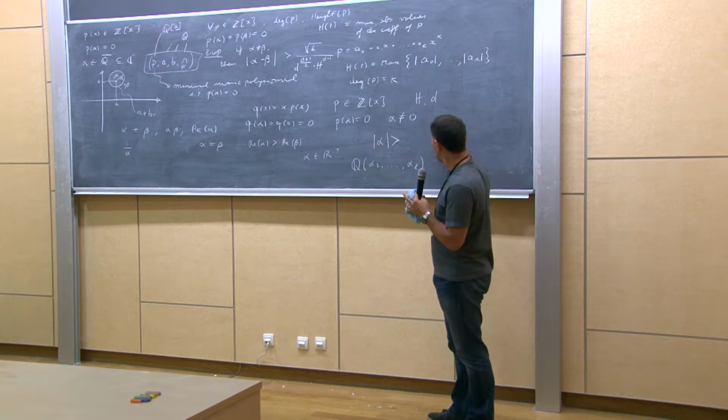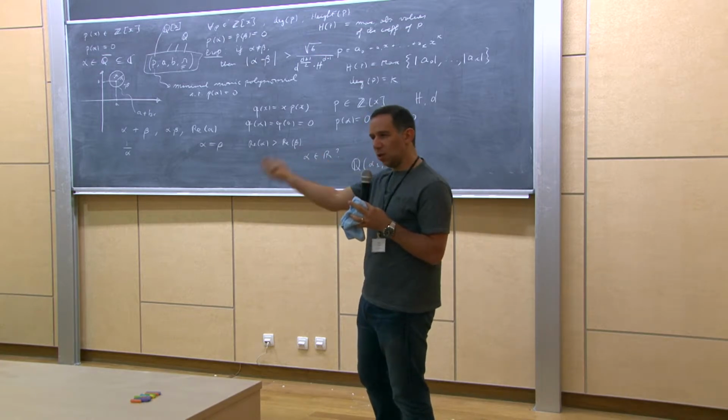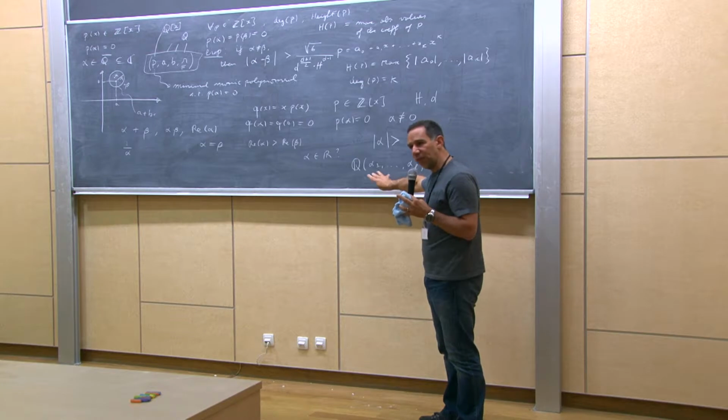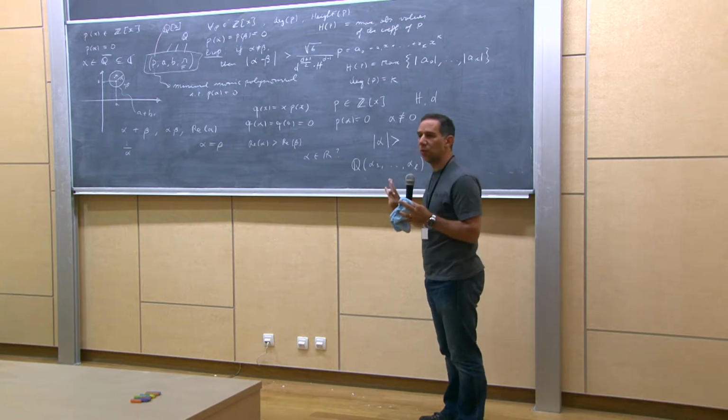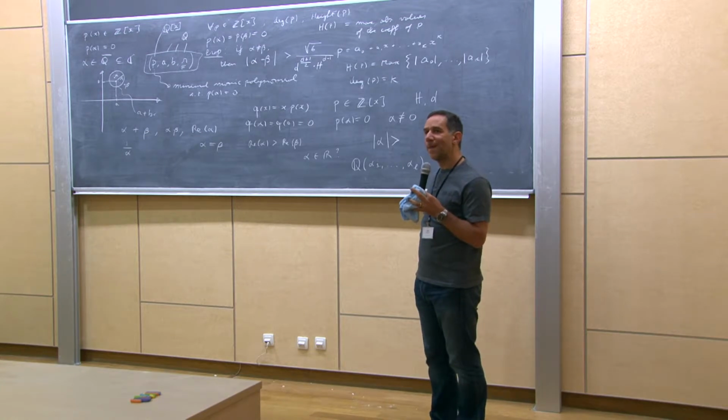If all of a sudden you want to throw in an additional number, this means, if you keep adding new numbers, this will not stay in polynomial time necessarily. But if you're working in this field for fixed algebraic numbers, which we do, then everything is polynomial time. Okay, does that make sense?